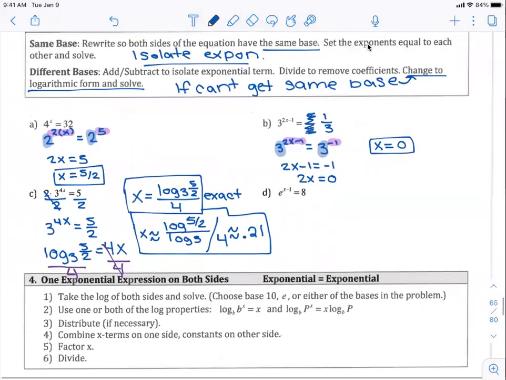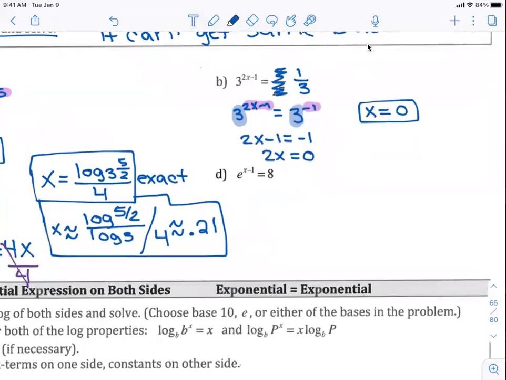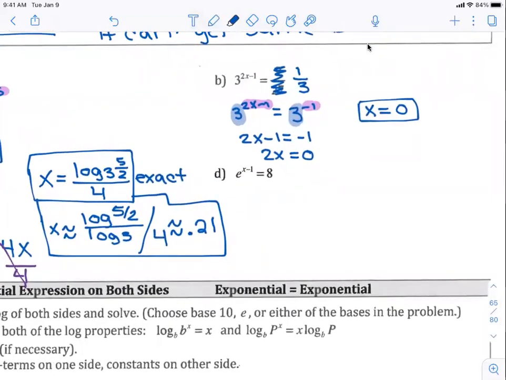All right, next one. It's not possible to get e and 8 to be the same base. When that happens, we're going to go ahead and isolate. We've already got the exponential isolated, so we're going to go ahead and convert it to log form. I'm going to use natural log. If you use log form, it's the same thing as if you wrote down log base e instead of natural log. Natural log of 8 equals x minus 1.